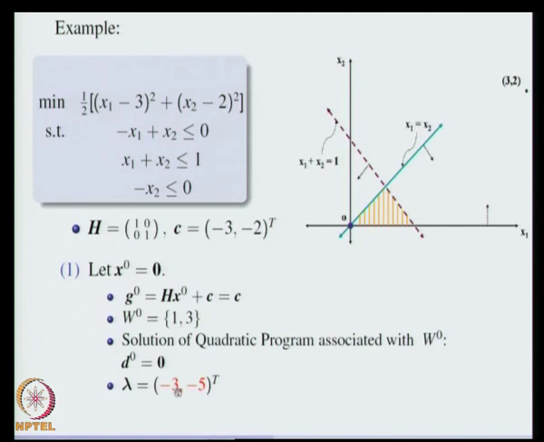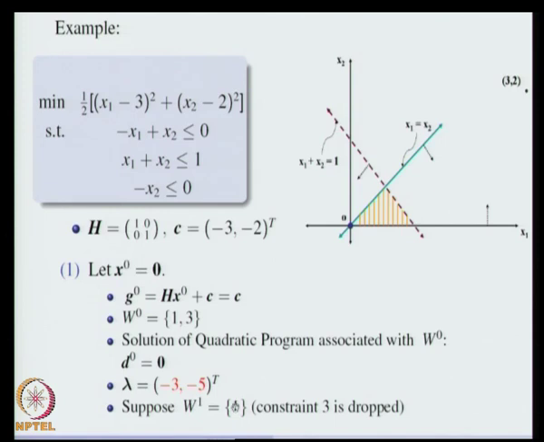Those lambdas turn out to be minus 3 and minus 5, and both are negative, and therefore, we may have to drop one of the existing active constraints to form W 1. So, suppose we drop constraint 3, and retain only one constraint, which is x 1 minus x 2 greater than or equal to 0.